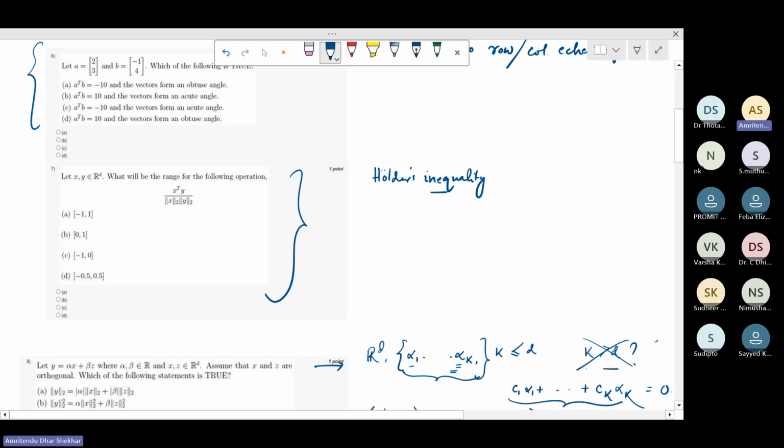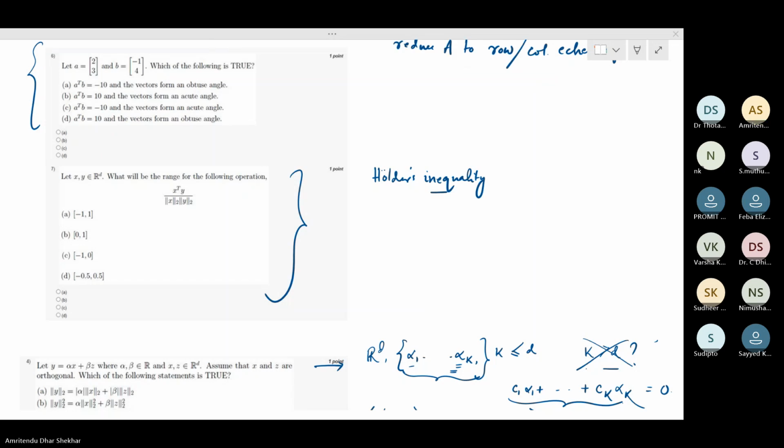Right. So Holder's inequality, what it basically says is that... Okay, someone's asking, can't this be treated as inner product of two unit vectors and proceed?